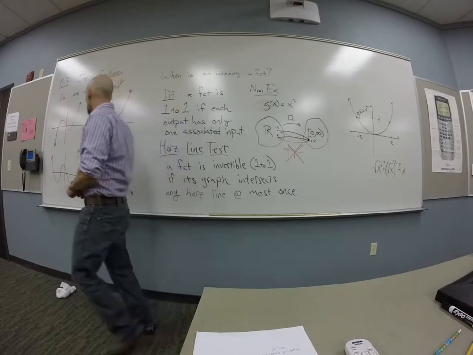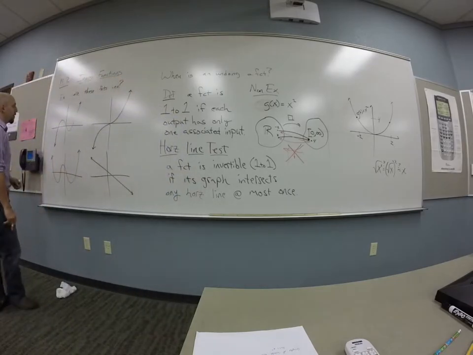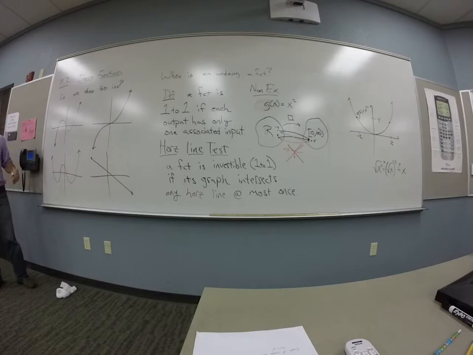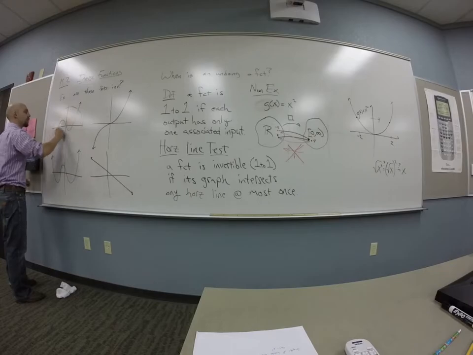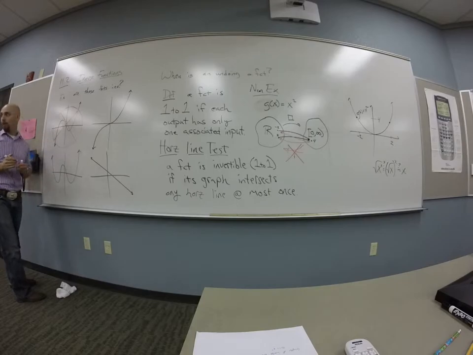Okay, so let's look at our horizontal lines. Where's a horizontal line that hits this one more than once? 3 times. Oh yeah, the x-axis actually does. So this one's not an invertible function, right? It's still a function. Vertical lines only hit once, but the horizontal lines cause problems. Okay, see that?